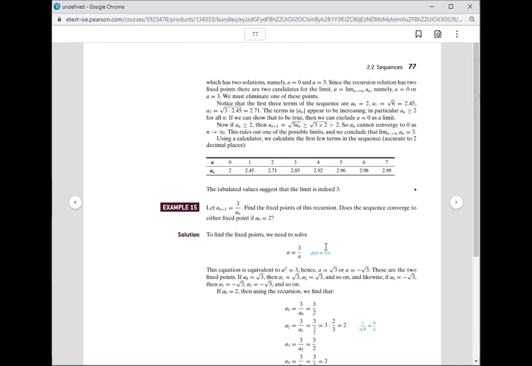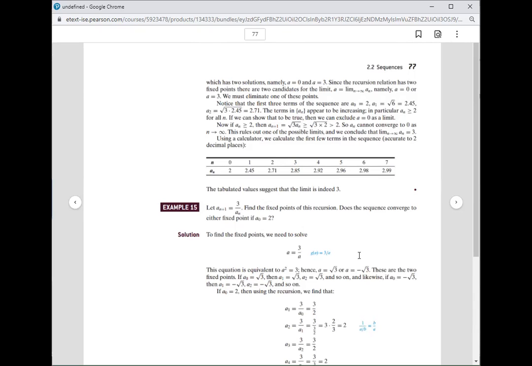So you can see here A squared equals 3. So A can be the square root of 3 or negative square root of 3. So there are two fixed points here.